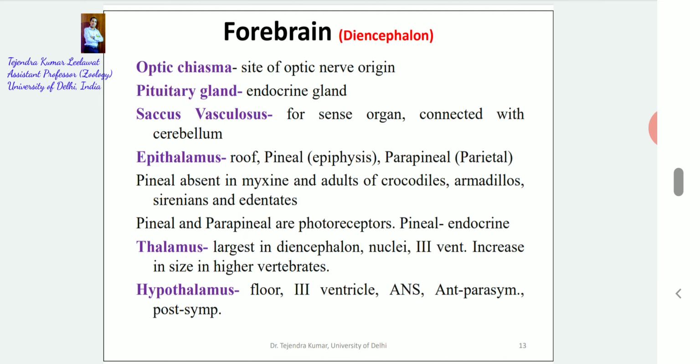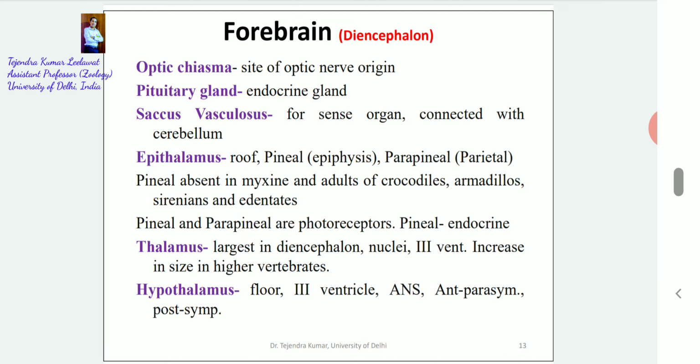Epithalamus. Epithalamus is the upper, roof portion, and it has two parts, pineal and parapineal. Pineal is the epiphysis region, whereas parapineal is parietal, meaning at the side.